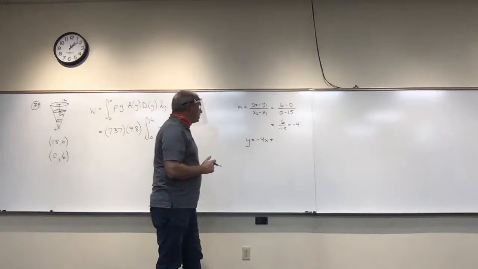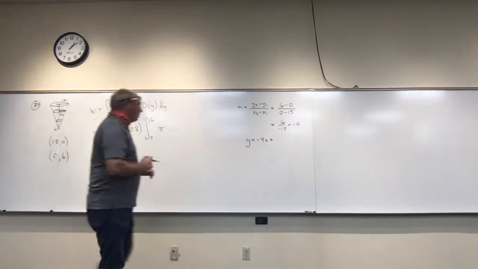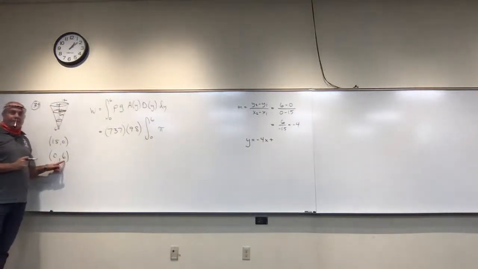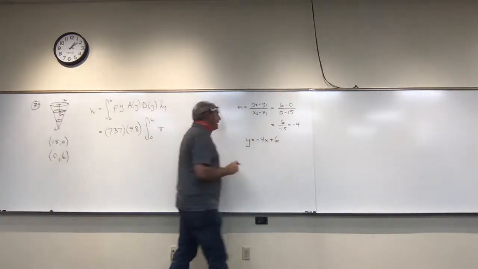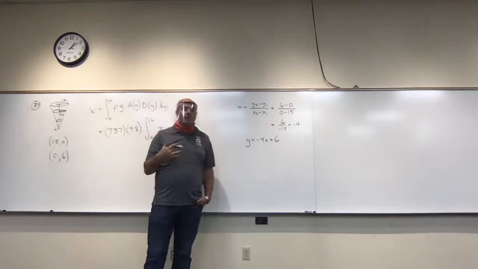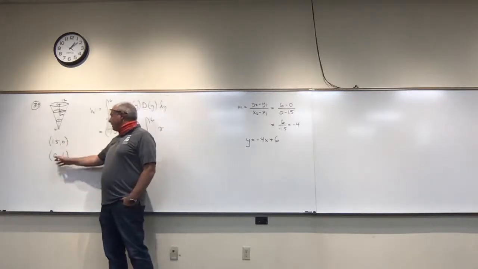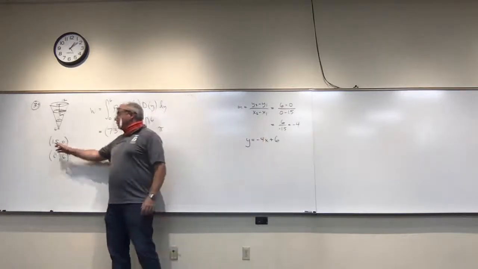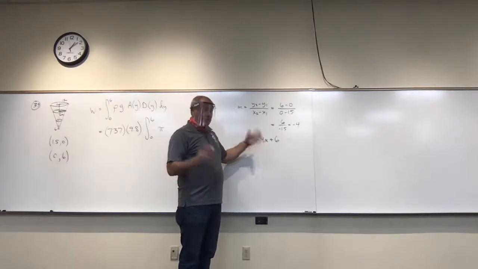So in other words, when x is 0, what should y be? Oh, I know that already, right? If x is 0, y should be 6. And if in doubt that you got the right line, plug in the points, right? If I plug in 0 for x, I get 6. If I plug in 1.5 for x, I should get 0, and I do.